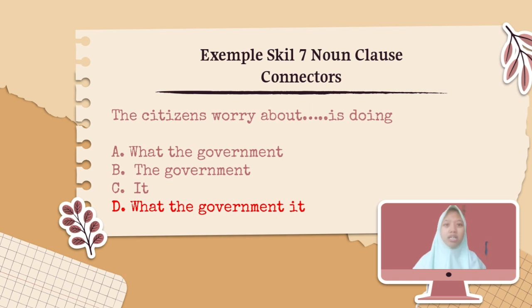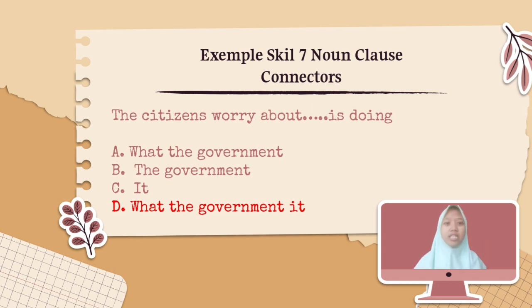So, citizens is the subject and worry is the verb. Next we analyze the answers. A. What the government has the connector what and the subject the government. B. The government has a subject, the government. C. It has a subject, it.